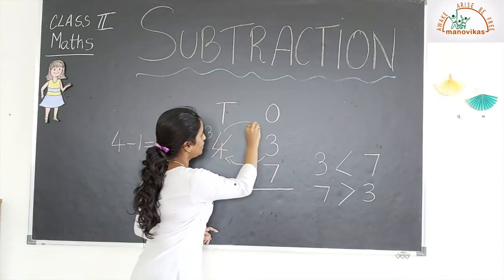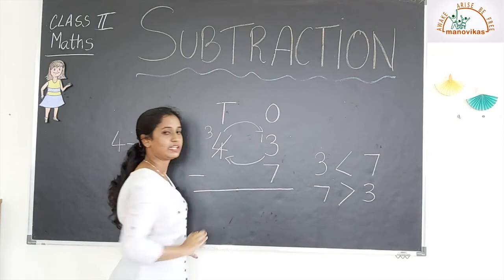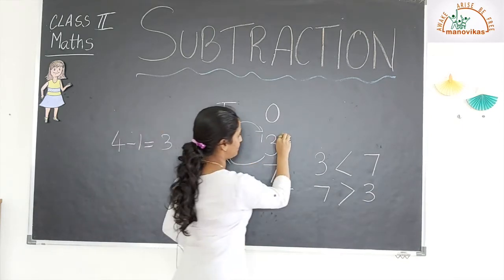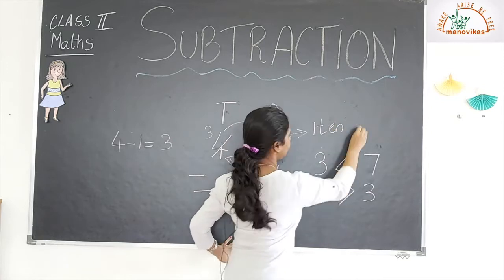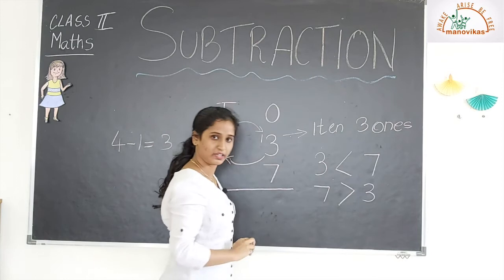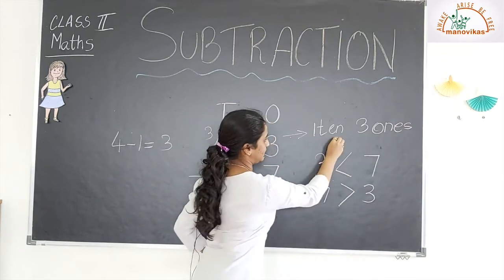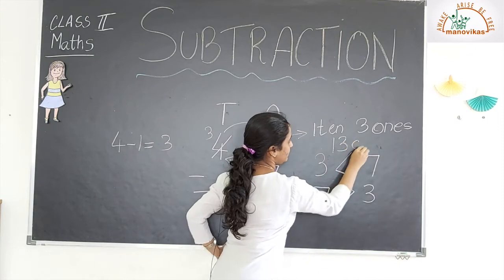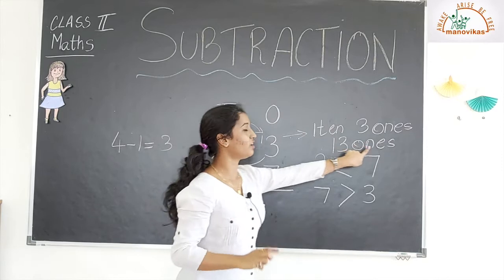Now the 1 will go here, correct? And we write 1 against 3. So we have here 1 ten and 3 ones. Now this is 13, 13 ones.